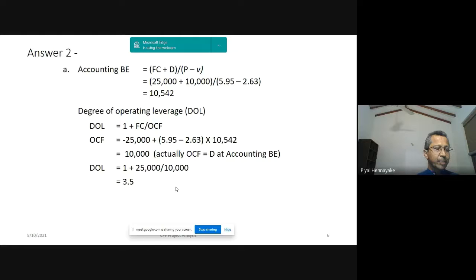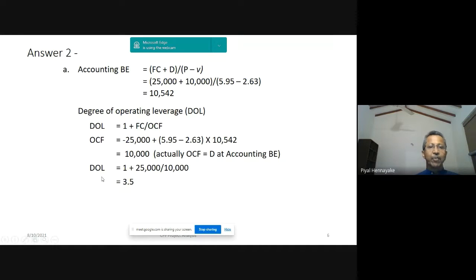A project that always breaks even on accounting has a payback exactly equal to its life. Negative NPV and IRR is zero. Okay. So at accounting break even we are not getting any return. Right? IRR zero and negative NPV.